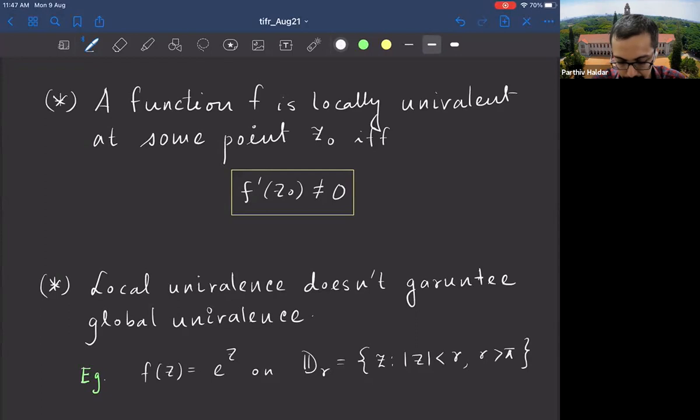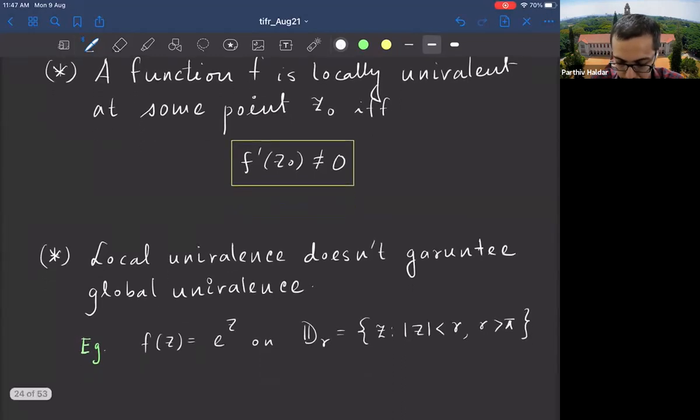Its first derivative is non-vanishing at each point of the domain, but it's not globally univalent because there are two points, plus and minus i pi, which take the same value.